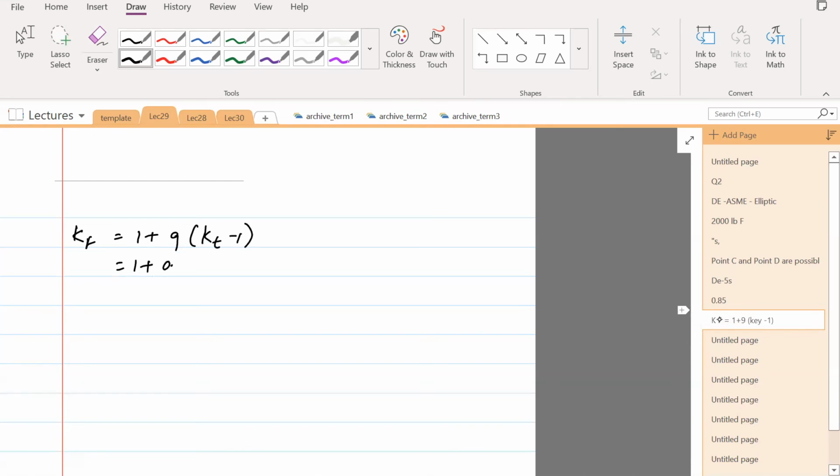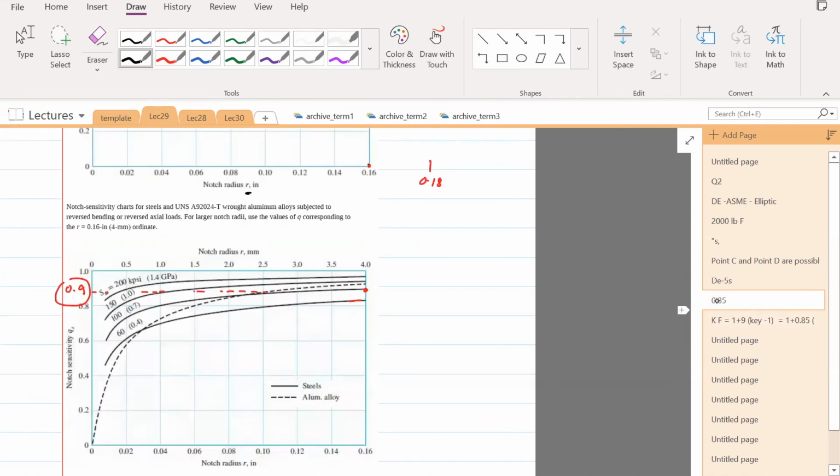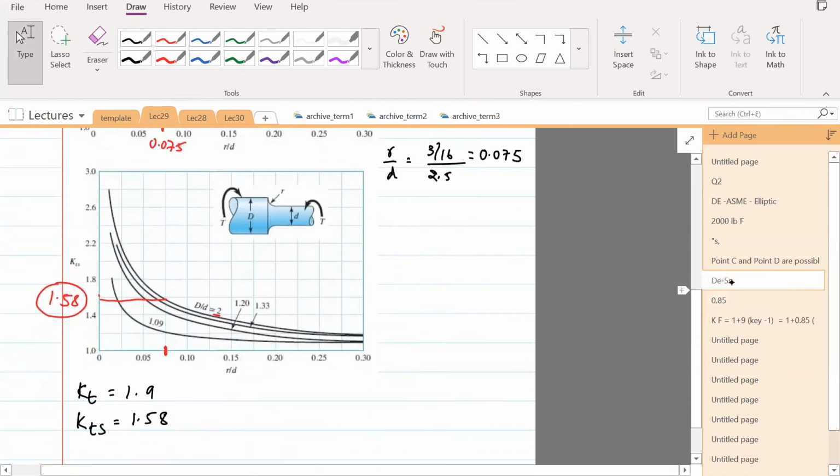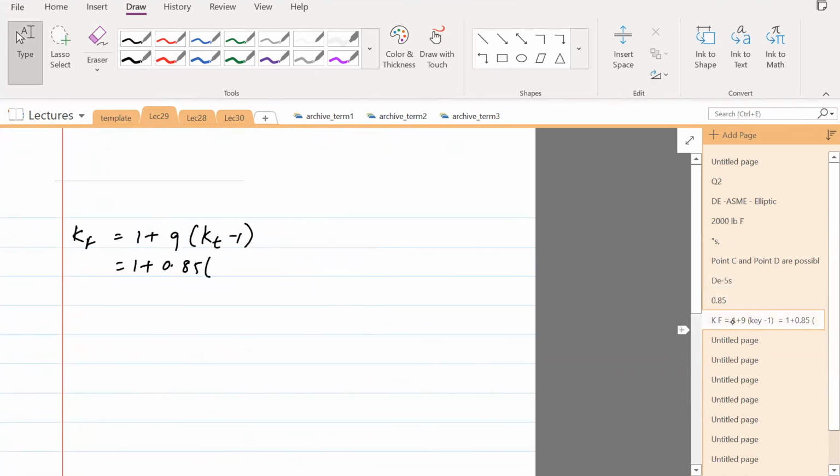Q is 0.85, KT is 1.9, so KF is 1.765. Then KFS is 1 plus QS times (KTS minus 1).